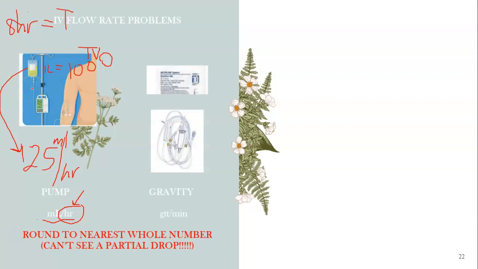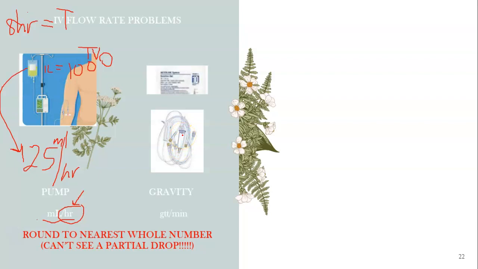The caveat being that if it comes up to be 125.8, I cannot see a partial drop. I cannot set my pump to 125.8 on a med-surg unit. It's going to be whole numbers. The same way that with this tubing, you will be increasing and decreasing the flow rate on this little device so that the drips drip in this drip chamber faster or slower.